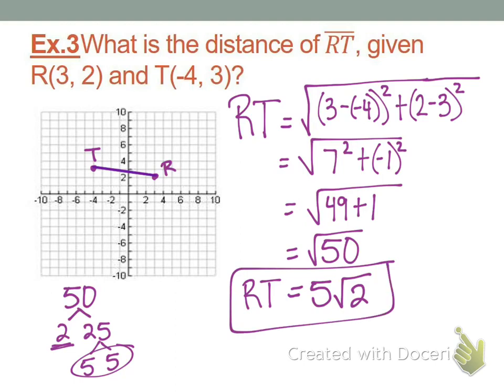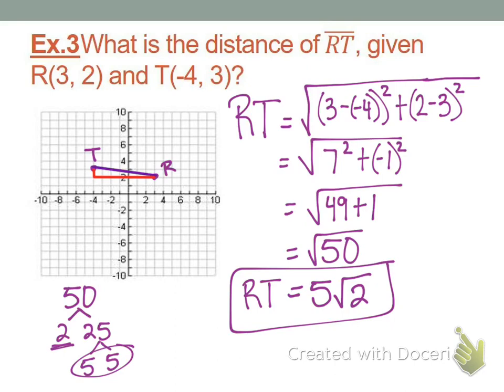So we didn't really use the graph at all when we did that. However, I'll show you one way that we could have used the graph is if we had turned this into a right triangle. So I dropped a vertical line and then drew in a horizontal line, turning this into a right triangle. Then we're able to count the lengths of the sides.